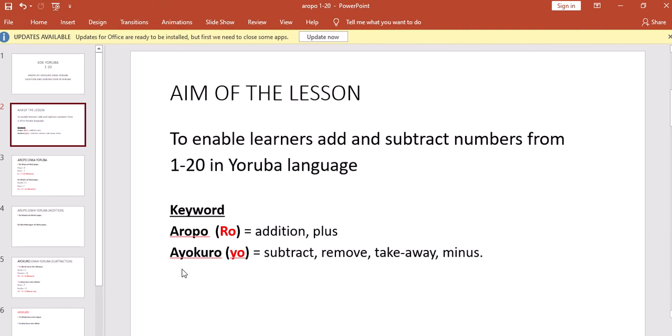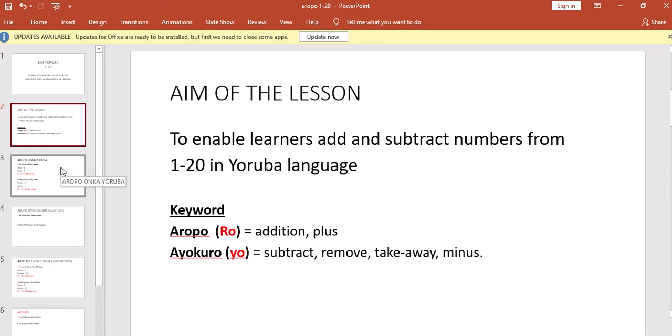And when it is àyọkúrò, we use àyọkúrò or yọ. So anytime you see yọ, what they are referring to is subtract, remove, take away, minus. Is that clear? Row means plus, yọ means minus.